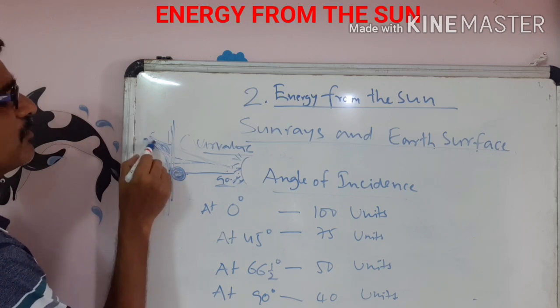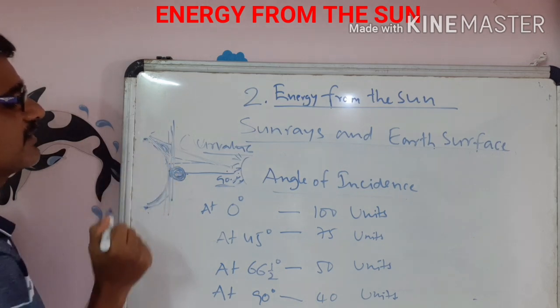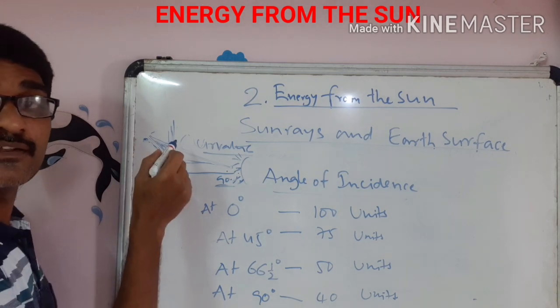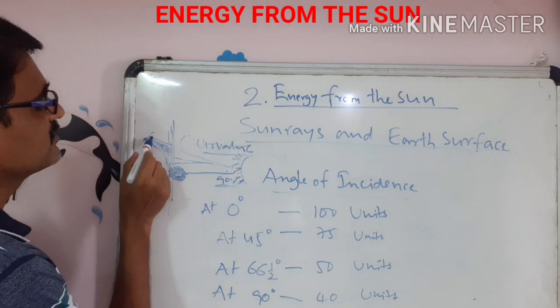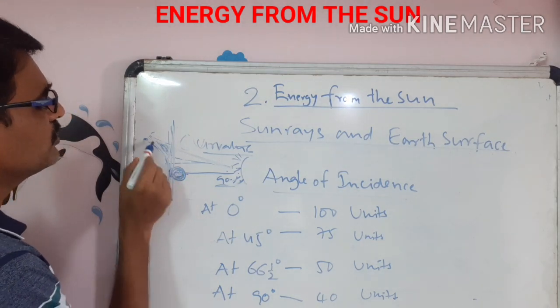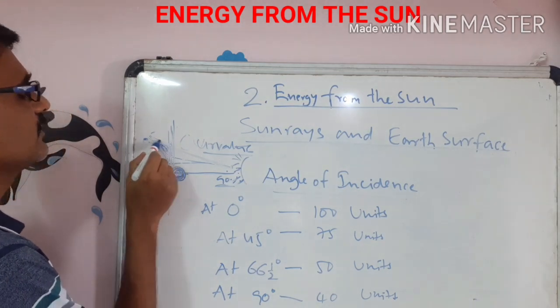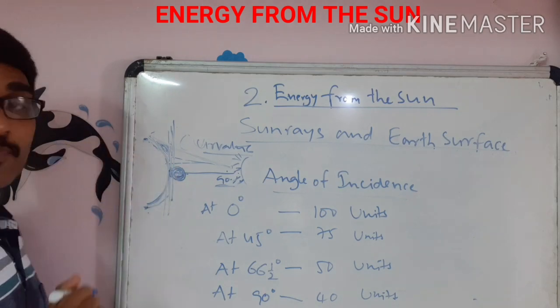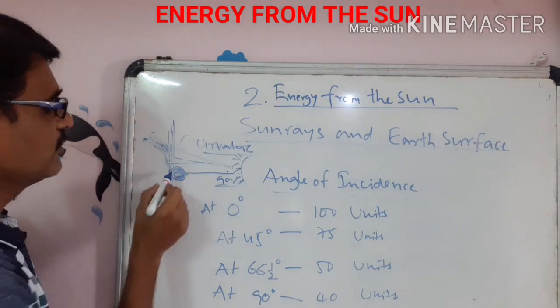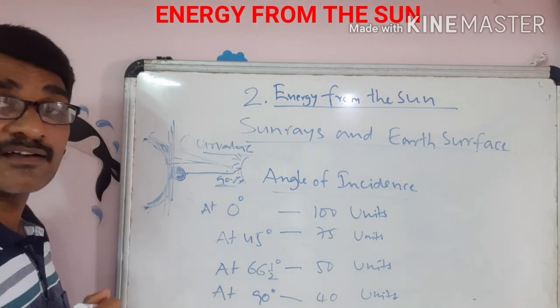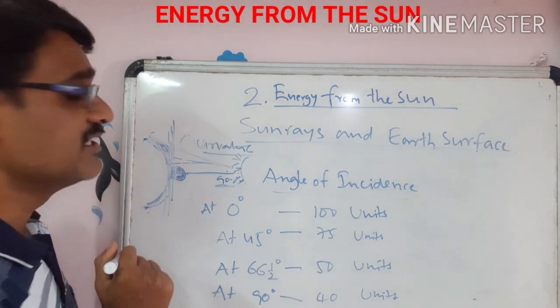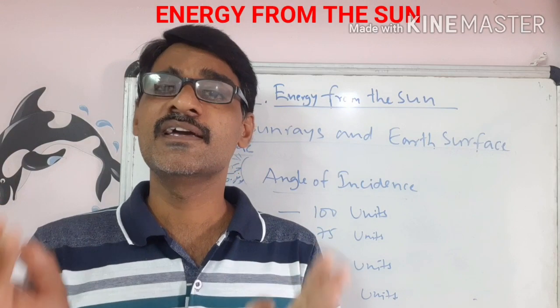The area occupied by sun rays other than the equatorial region, and especially towards the poles, is more. So due to this large occupancy and this short occupancy area, it leads to the variation in the intensity of those rays.